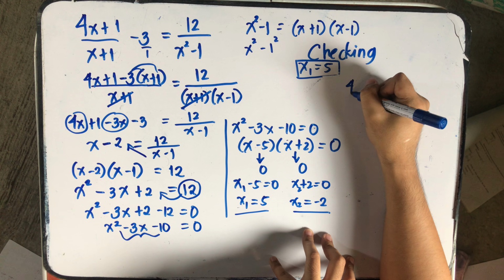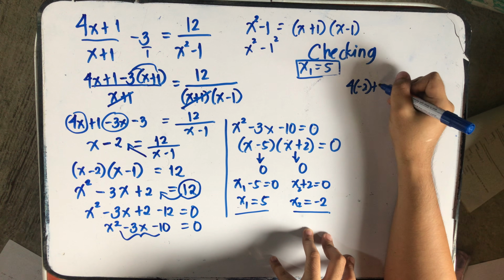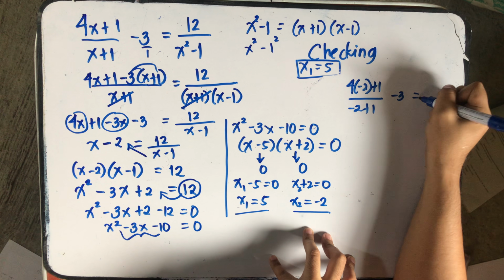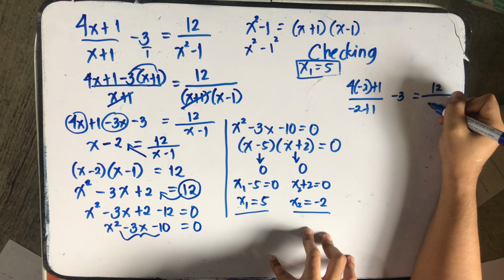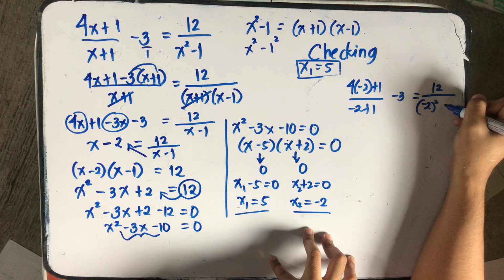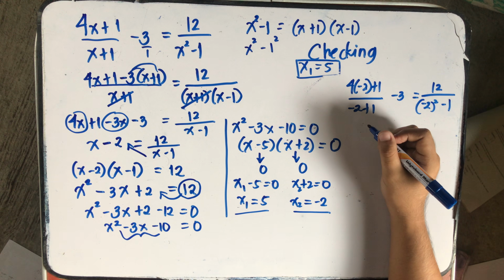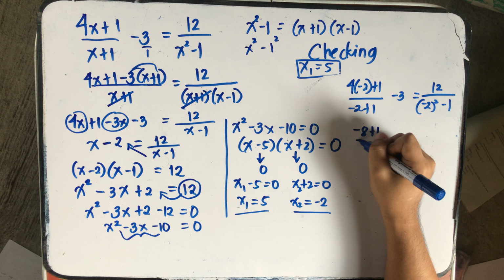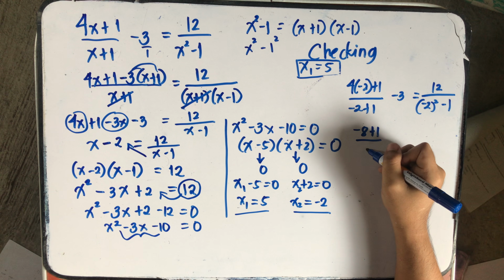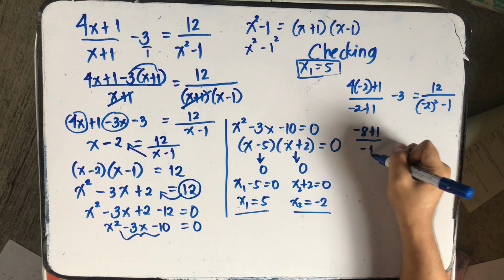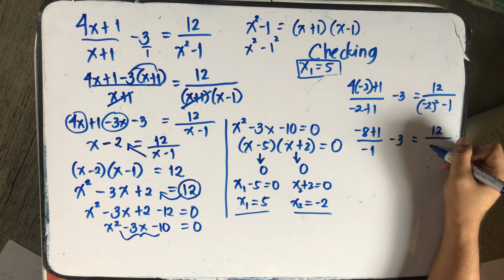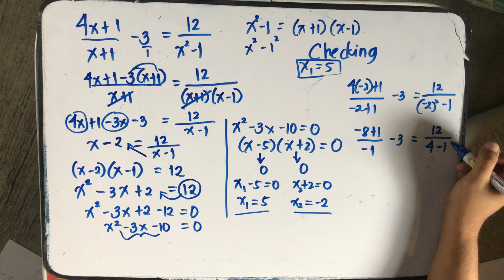Therefore, this becomes 4 times negative 2 plus 1 over negative 2 plus 1 minus 3 is equal to 12 over negative 2 squared minus 1. 4 times negative 2 is negative 8 plus 1 over negative 2 plus 1 is negative 1 minus 3 is equal to 12 over 4 minus 1.